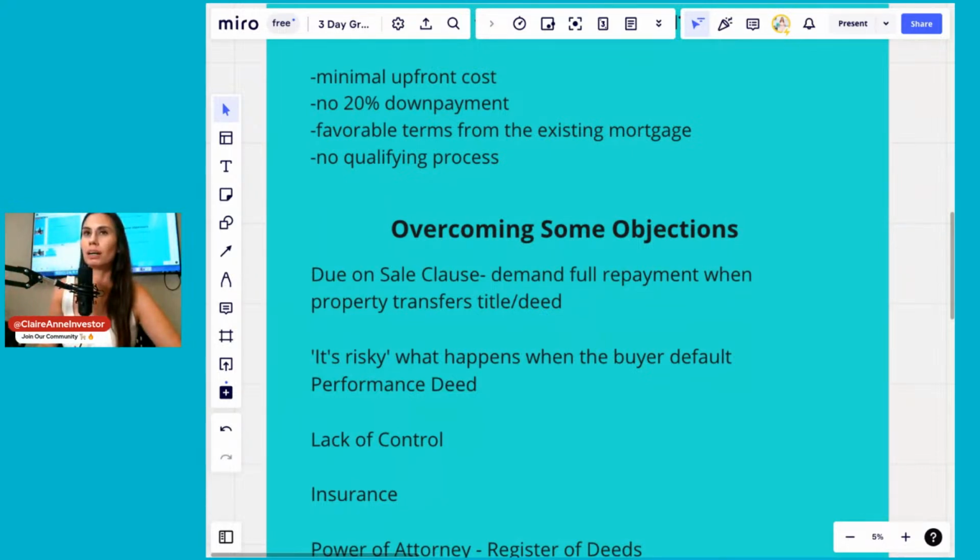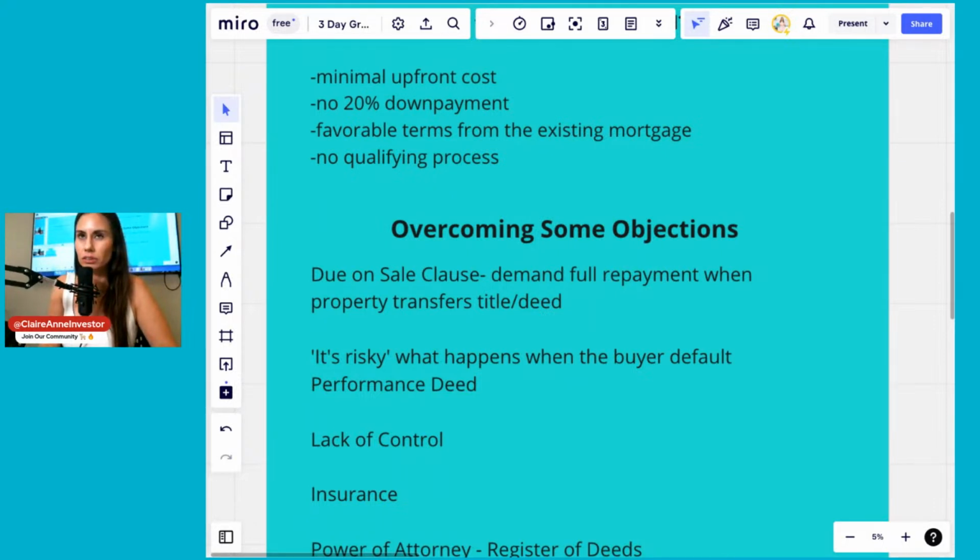She was talking about how if you change over the title, you run the risk of them calling the note due. I've never seen them call the note due, because the banks want one thing, which is money. If you don't pay it, then they can call it due. But if you are paying it every single time, it's very, very unlikely.